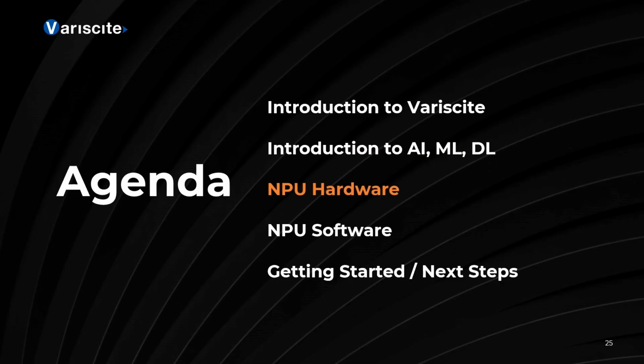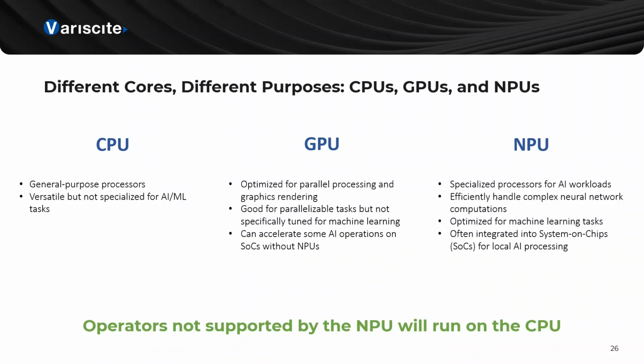All right, next, let's take a closer look at NPU hardware. First, let's talk about the different types of cores that can run AI-related tasks. First, we have the CPU, or central processing unit. CPUs are general-purpose processors. They're very versatile and can handle a wide variety of tasks, but they're not specifically optimized for AI or machine learning workloads.